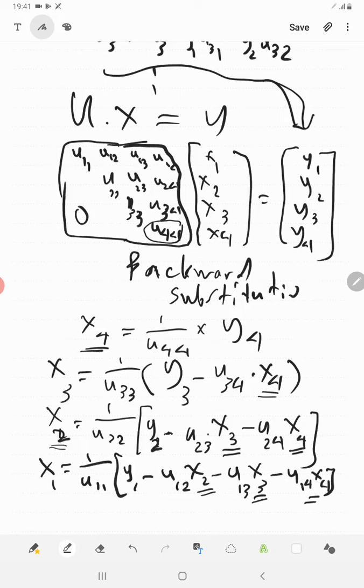If we go back to here, what we want is to eliminate this element, this element, and this element. We want to make them 0.